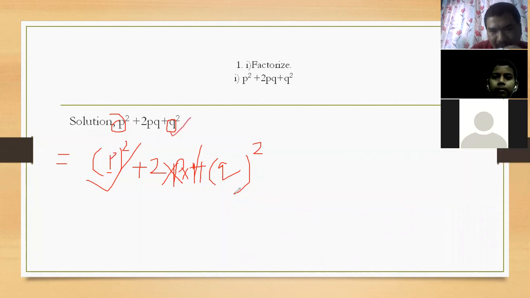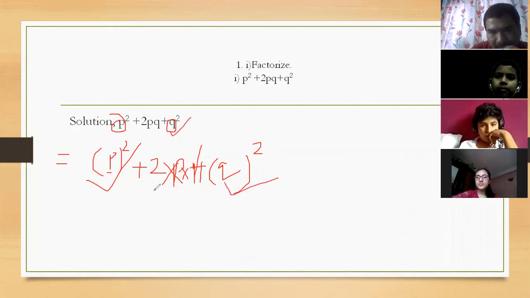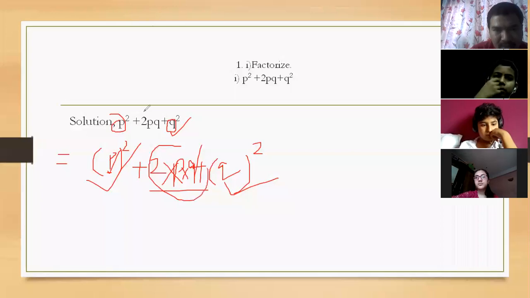Q, then write q in bracket, then do whole square. And the middle one you have to make 2ab. 2ab means the 2, a means this first bracket one, and b means this second bracket one. What is the last one? q. Yes. Then when you multiply this 2pq, it must give the middle term of this question. Does it come?